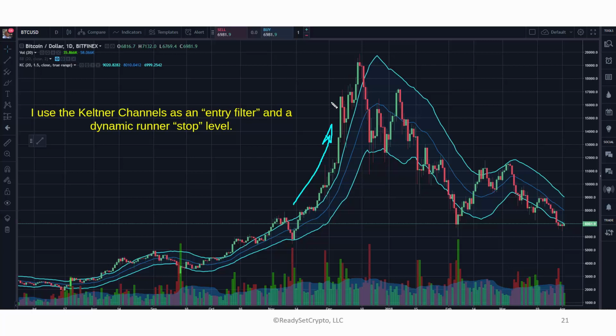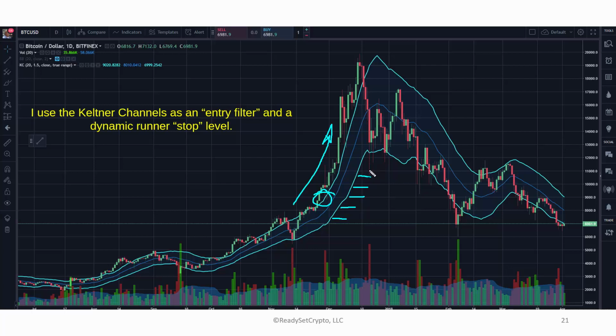You want to give it room to breathe, and you don't want to get too tight of a stop and get stopped out somewhere down here and miss out on this whole big chunk of movement. So I will use the Keltner channels as more of a dynamic stop. I'll keep my stop below the lower Keltner channel, and that will be on a closing basis for that candlestick. If I say my stop is down there, it may just be a mental stop and not actually an order in with the exchange.